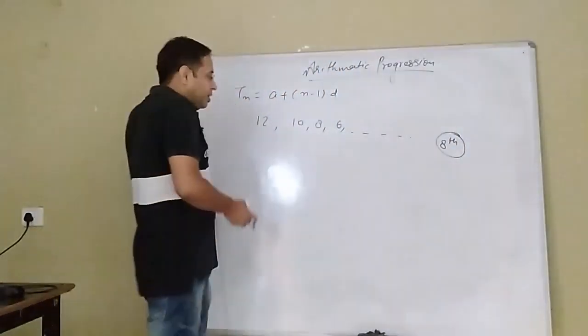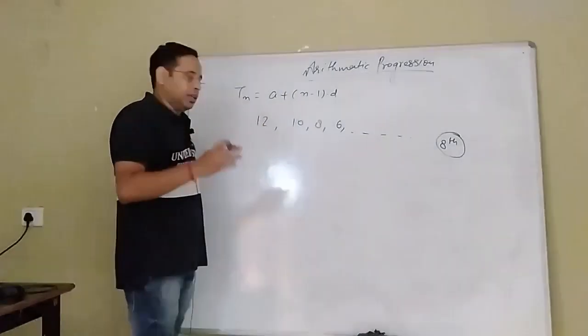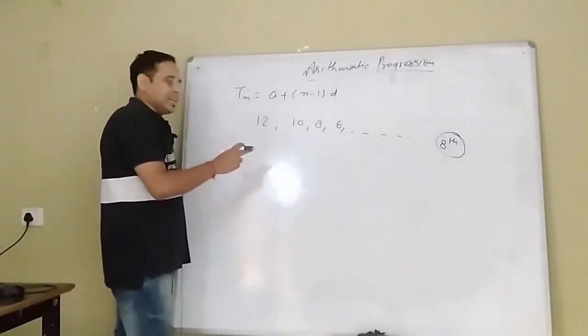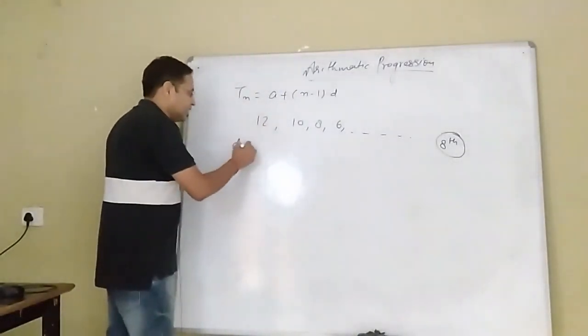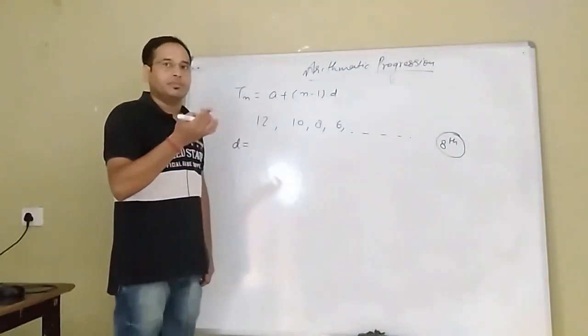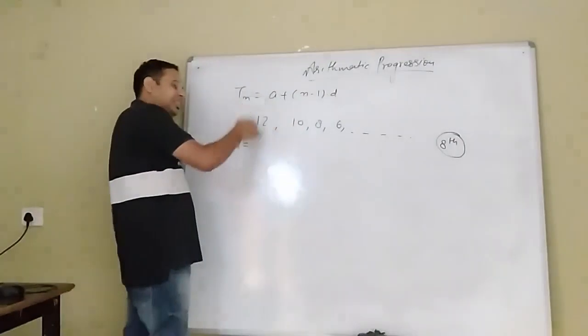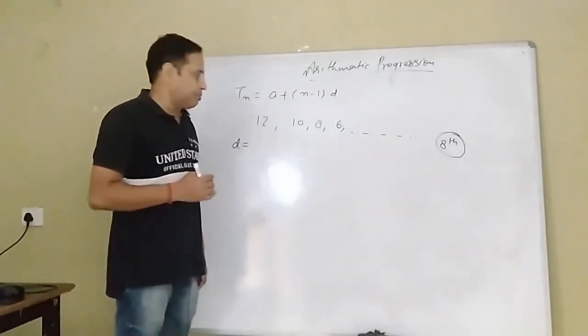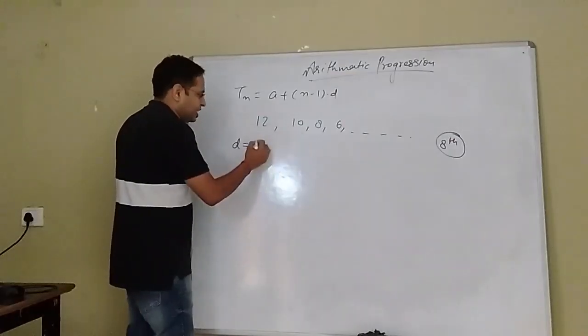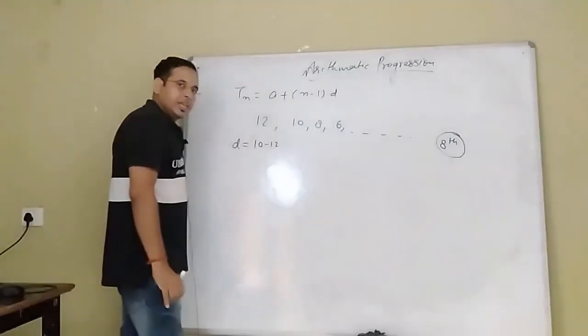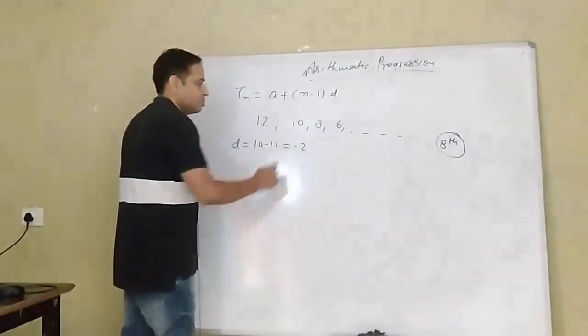Okay, now see, what will be the common difference? First of all, let us find out. I said the common difference is the difference between any two consecutive terms. If we subtract a term from its preceding term, then we'll get the common difference. Let's see. If I subtract 10 minus 12, what will I get? I'll get minus 2.